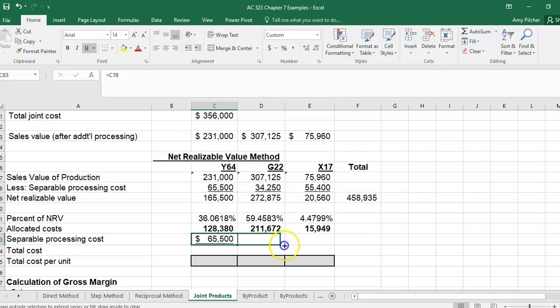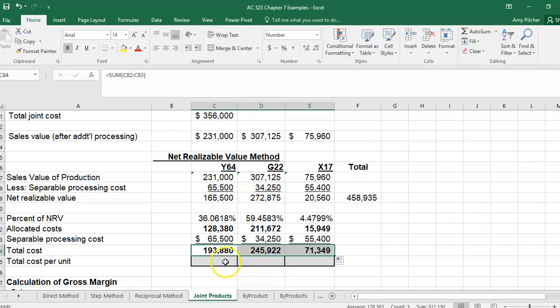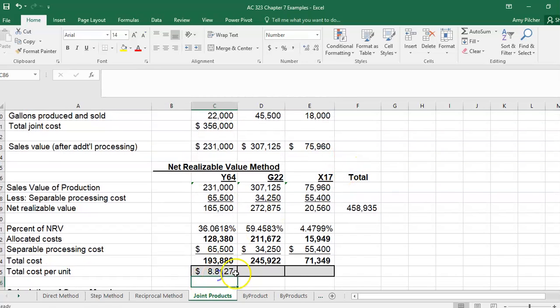We add our extra production costs to get our total costs. And then divide total costs by number of units produced to get a cost per unit.